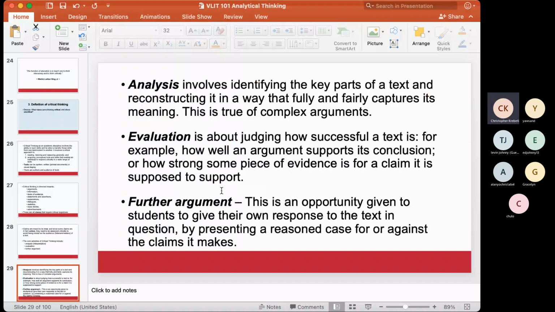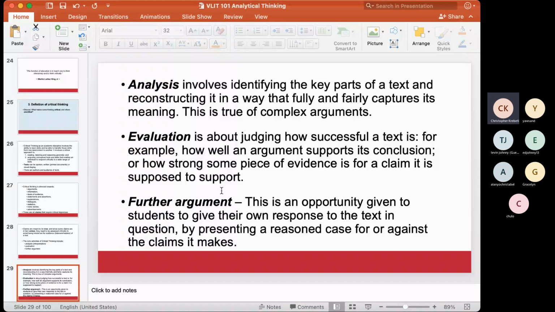Now, when we talk about these central issues, analysis, then we are talking about your ability to identify the key parts of a text. So you pick a text and you'll find out that part of the text is not relevant. You can only do that when you have the conceptual tools to analyze that, when you have the mental skills to do that. If you don't, you will not be able to do that.